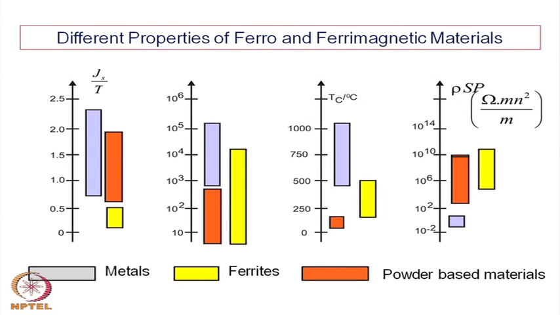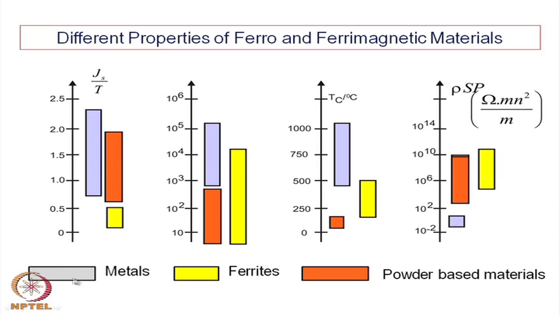Next comparison is the different properties of ferro and ferrimagnetic materials. One additional property here is the resistivity, the rho, which is the electrical resistance of this material.